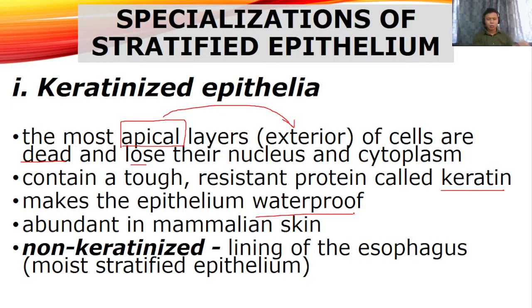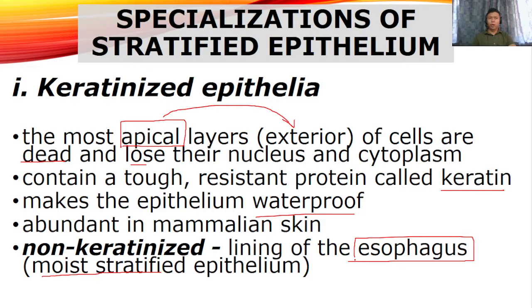Okay, next we have the non-keratinized. Usually these are the moist stratified epithelium found in the linings of the esophagus. Okay, they are very useful, especially when talking, when eating, what else?